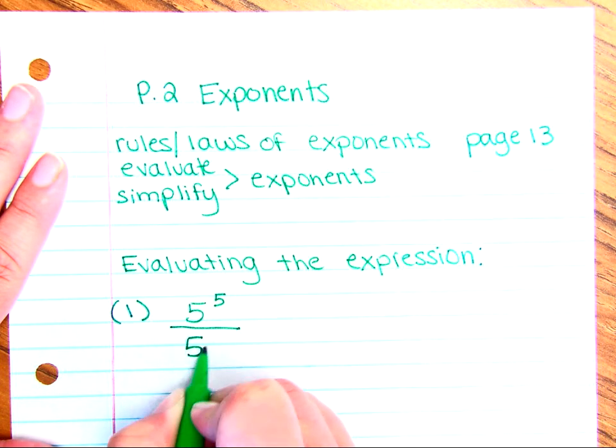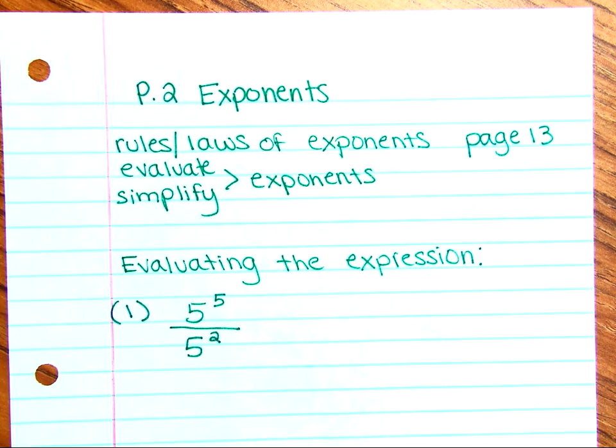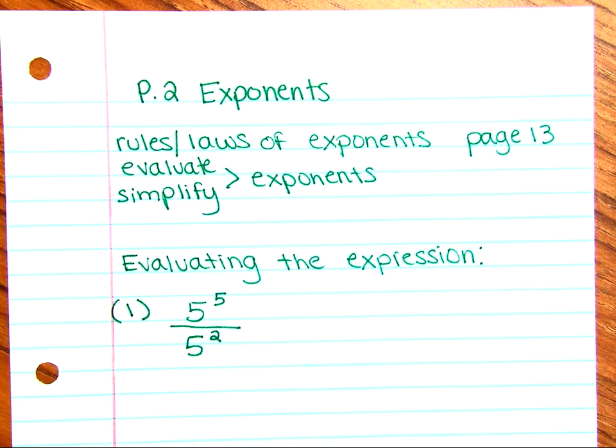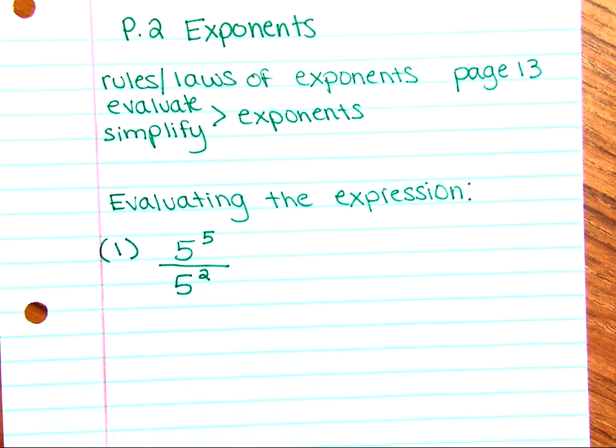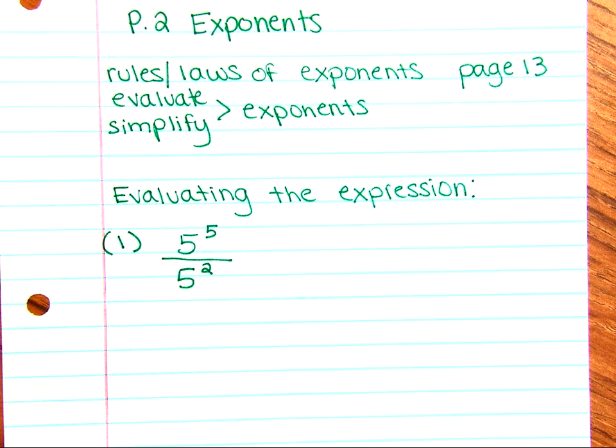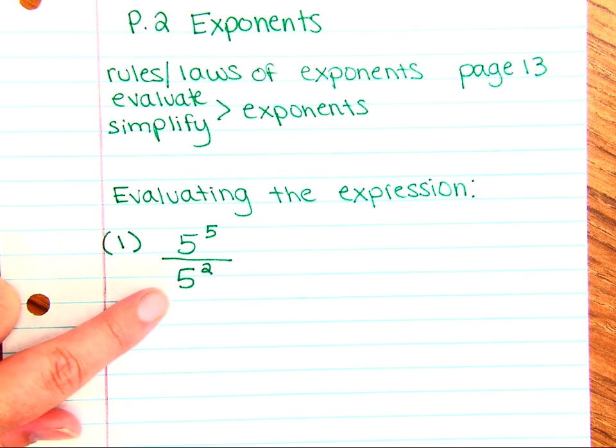And we've got 5 to the 5th power being divided by 5 squared. Now, I want to evaluate. The reason why I'm using the word evaluate is because I should be able to come up with an answer. So evaluate the expression 5 to the 5th divided by 5 squared.